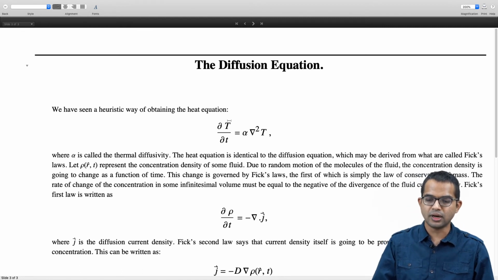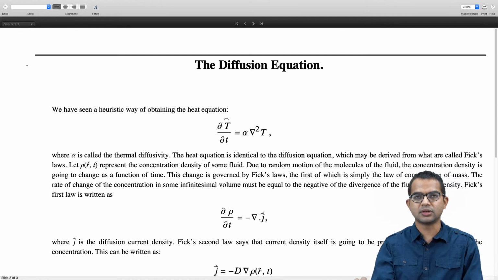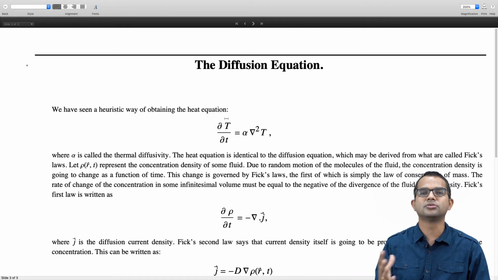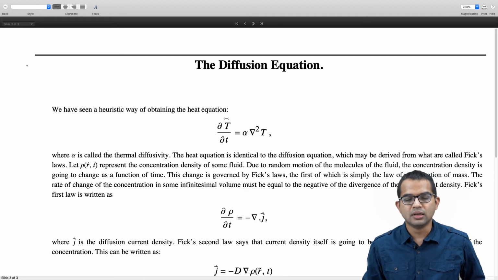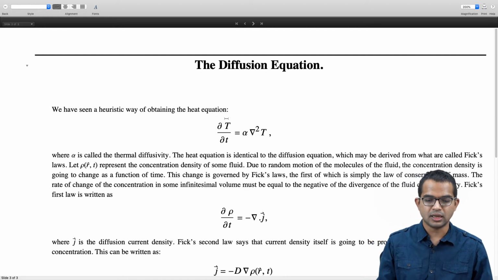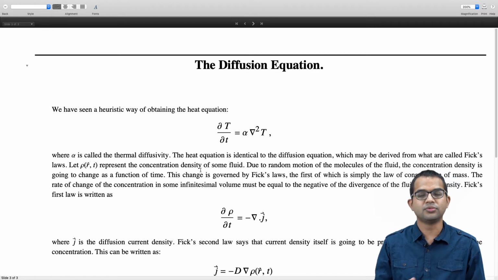So let's look at what are called Fick's laws. So these are sort of empirical laws which presumably were discovered by Fick. These are a couple of laws which are really statements of conservation, right? So let's say that you're considering a concentration density of some fluid which is concentrated in some region, right?